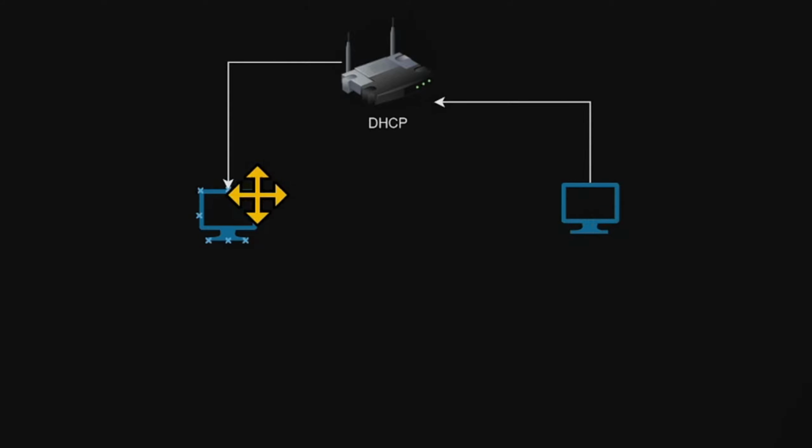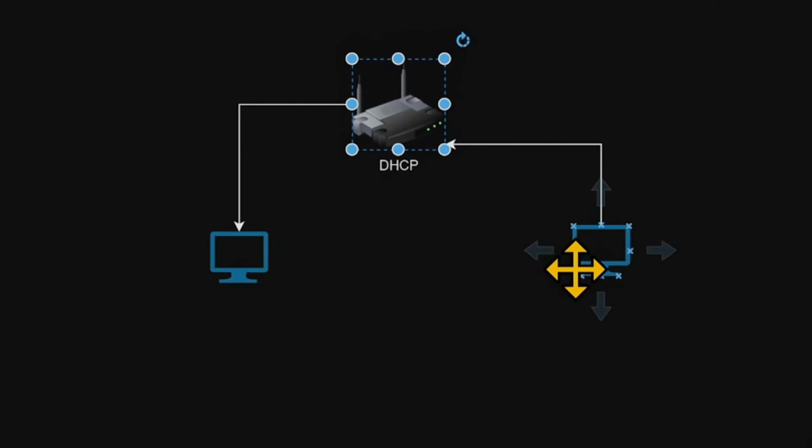The moment any device on the network is connected, it will ask every device on the network who the DHCP server is. The DHCP server will respond back saying, I'm the DHCP server and here is your address. So this DHCP server is responsible for providing IP addresses dynamically to all the devices.